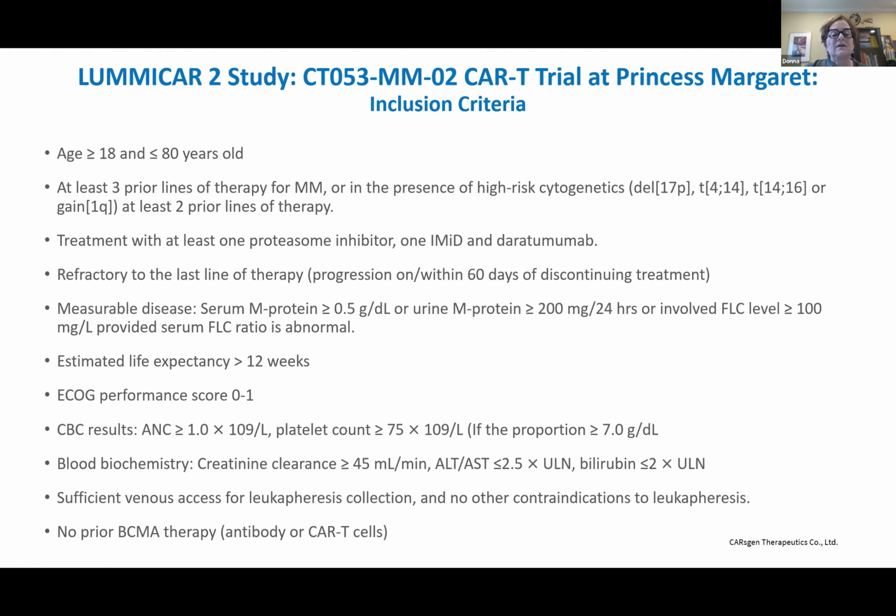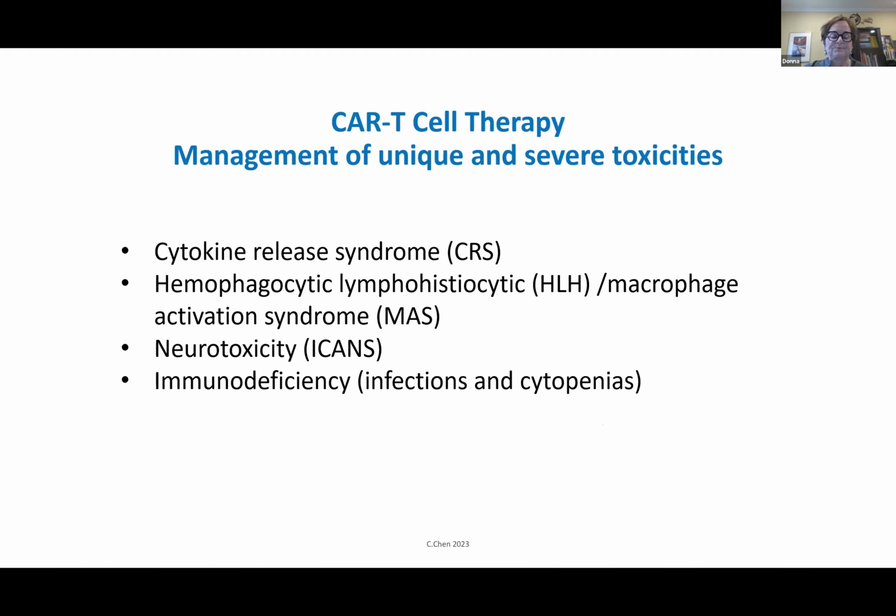But this is an exciting platform, and I think the more we can get, the better, to get our people with advanced disease this treatment, if it's going to get a couple of years more. So that's a big challenge.